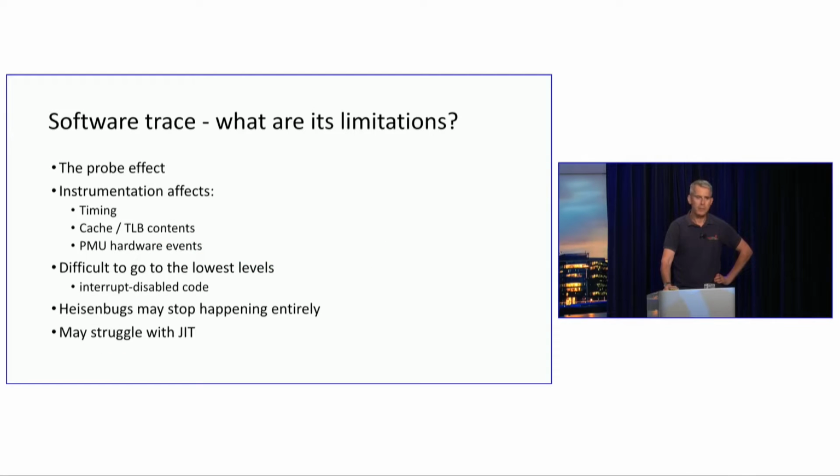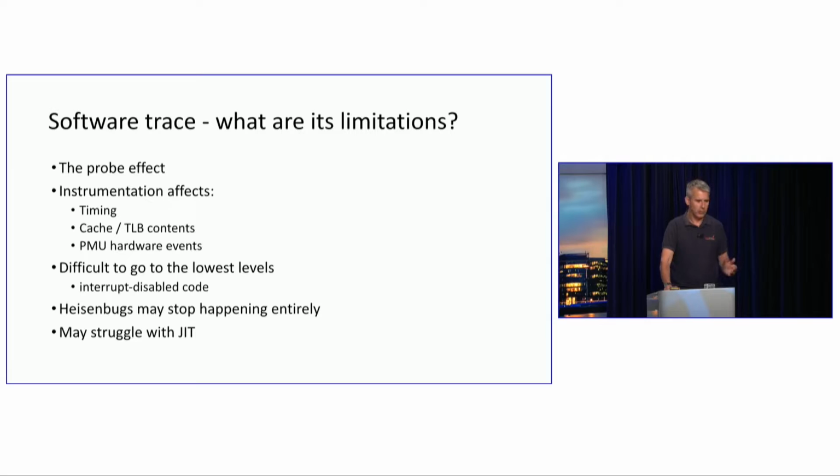But these tools do have a probe effect, and there are cases where once you start instrumenting the tool, once you start getting the CPU to execute an alternative code path, you perhaps are obscuring the problem that you set out to solve in the first place. So for specific kinds of problems where you are interested in these low-level performance effects, where you're talking tens of cycles, you want to know where your performance is going.